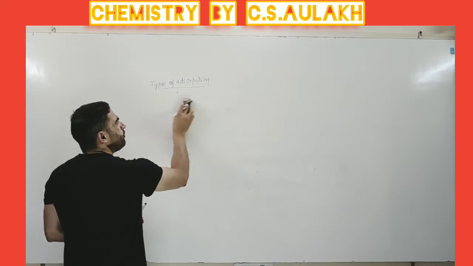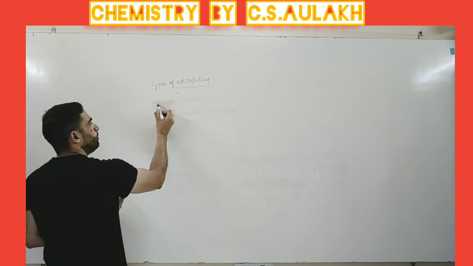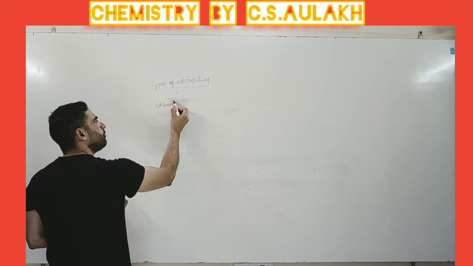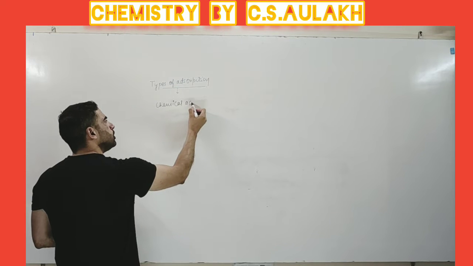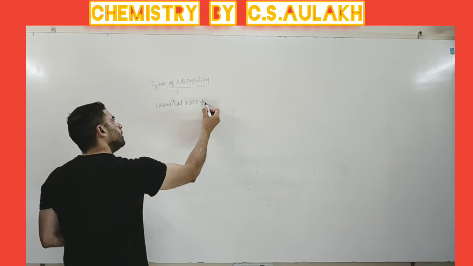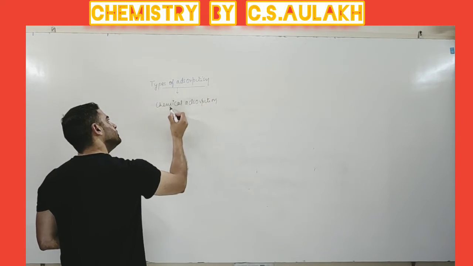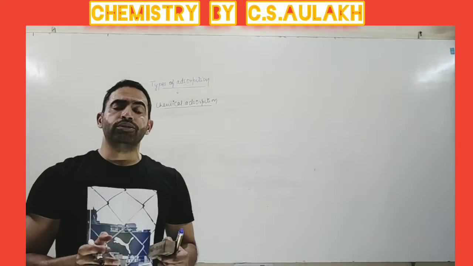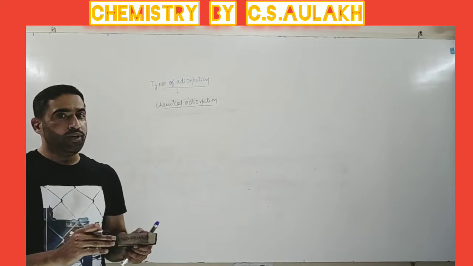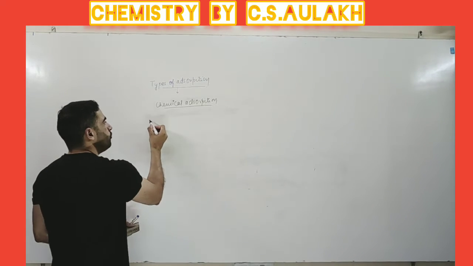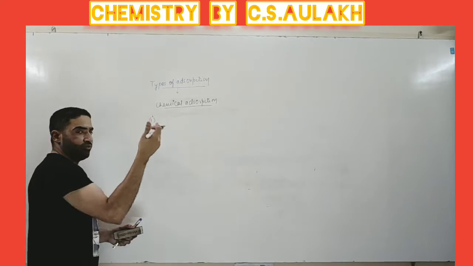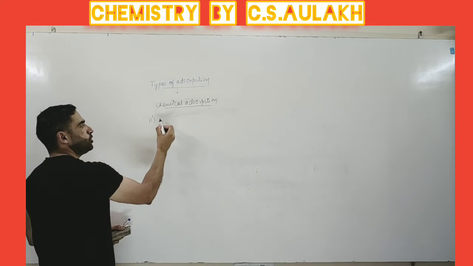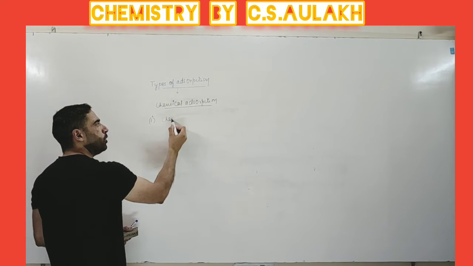So in case of chemical adsorption, the nature of the force that holds the molecules of adsorbate over the surface of adsorbent is different from that of the physical. So what is the nature of force? Here it is the chemical bond.